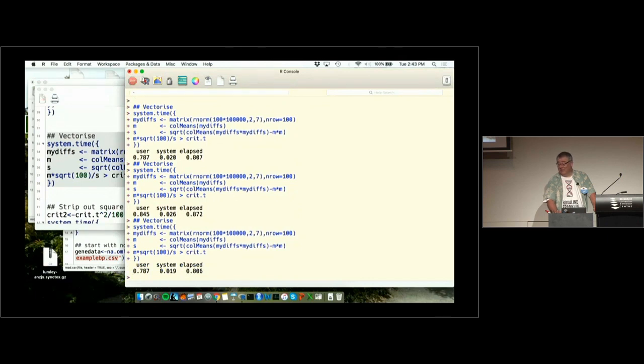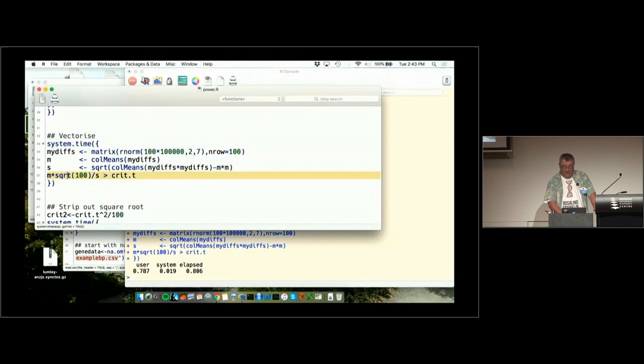You could, again, timing it, it's going to vary a bit. But we're getting a nice speed improvement there. And again, we might say, okay, square roots are difficult. Maybe we should strip out the square root. And that's something you might think of if you weren't profiling it.